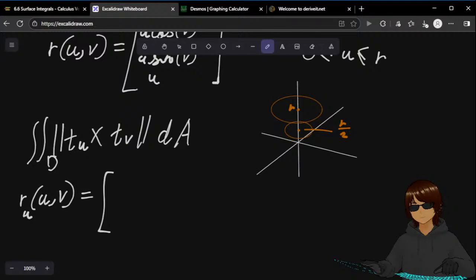Cos V will remain the same. This will remain the same. This will be 1.